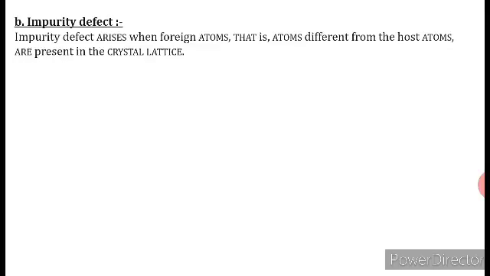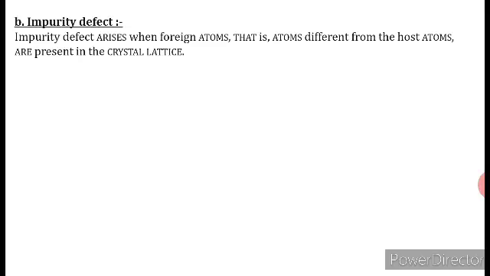So impurity defect arises when foreign atoms, that is atoms different from the host atom, are present in the crystal lattice. Again, these impurity defects are classified in two categories: one is substitutional impurity defect, and second is interstitial impurity defect.